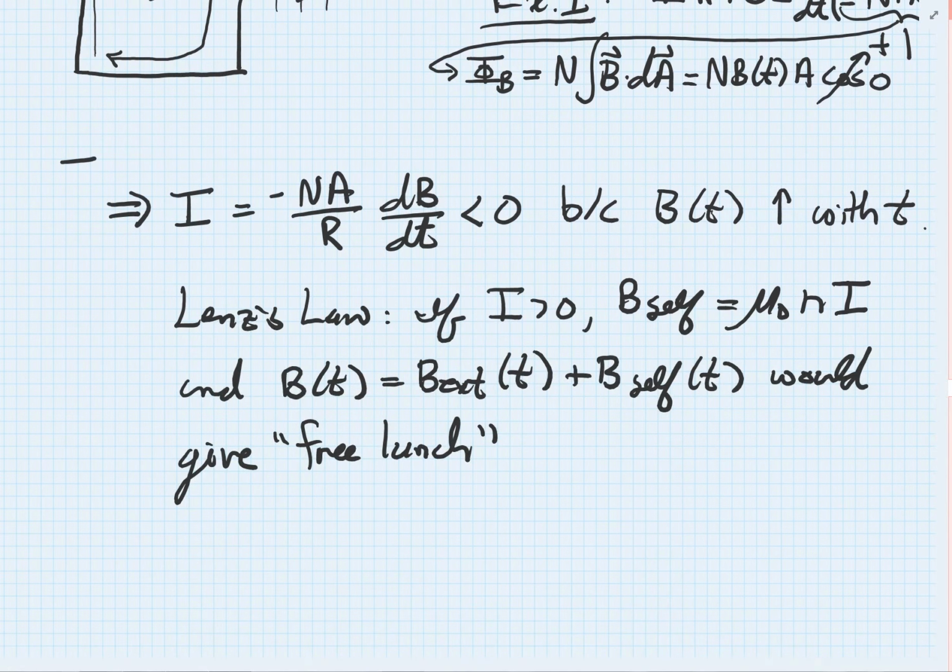In particular, it would have our standard form of the field of an inductor inside of itself, which is mu naught times the winding density n times the total current I. If we were to add that induced self field from the circuit onto the external field, we would actually be increasing the magnetic flux through the system.